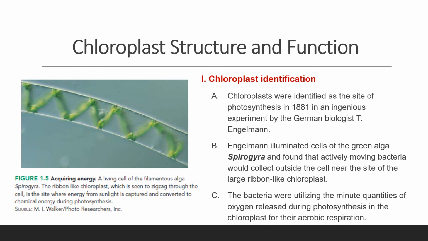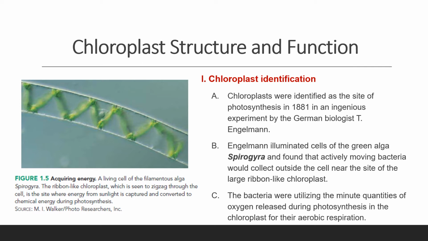The chloroplast was identified in 1881 by Engelmann as the site of photosynthesis. He illuminated cells of the green alga Spirogyra and found that actively moving bacteria would collect outside the cell near the site of the large ribbon-like chloroplast.